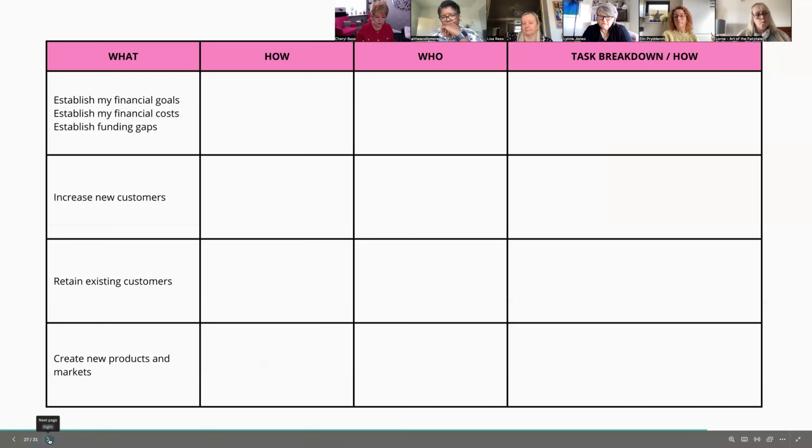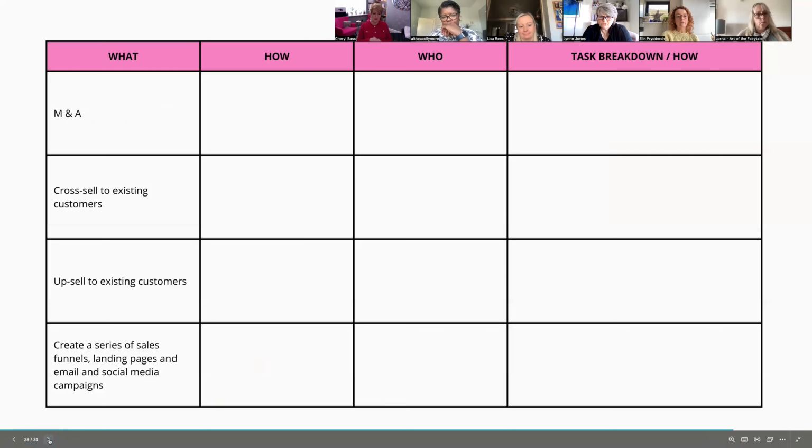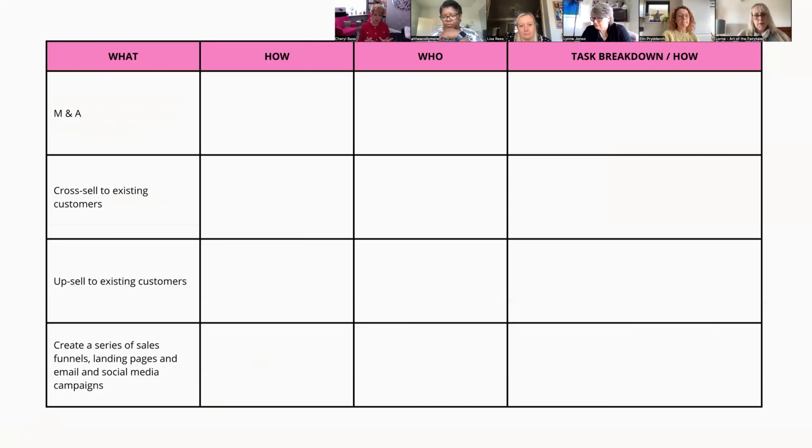So you've got some notes to put down on this. This second sheet is all about, could you do some mergers and acquisitions? A lot of people are just buying up businesses or merging some schemes with other people. Is it something you can do a collaboration with somebody to do with something else?